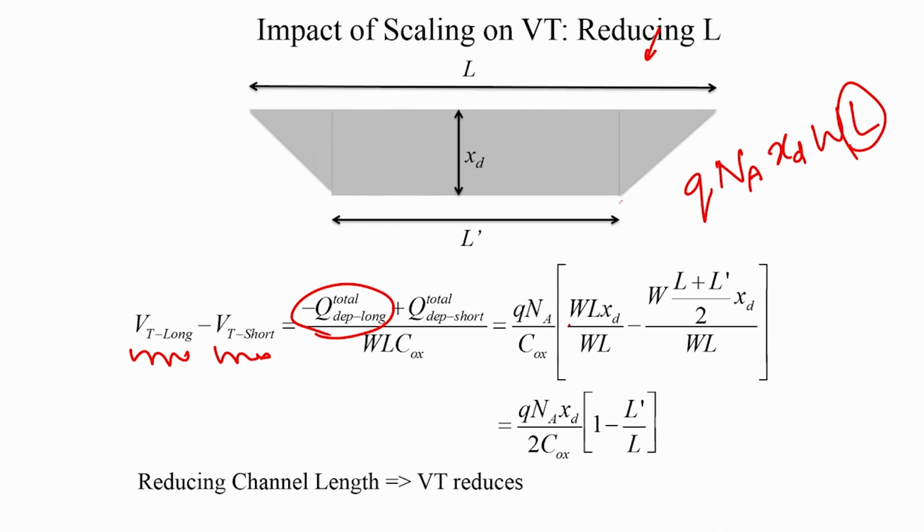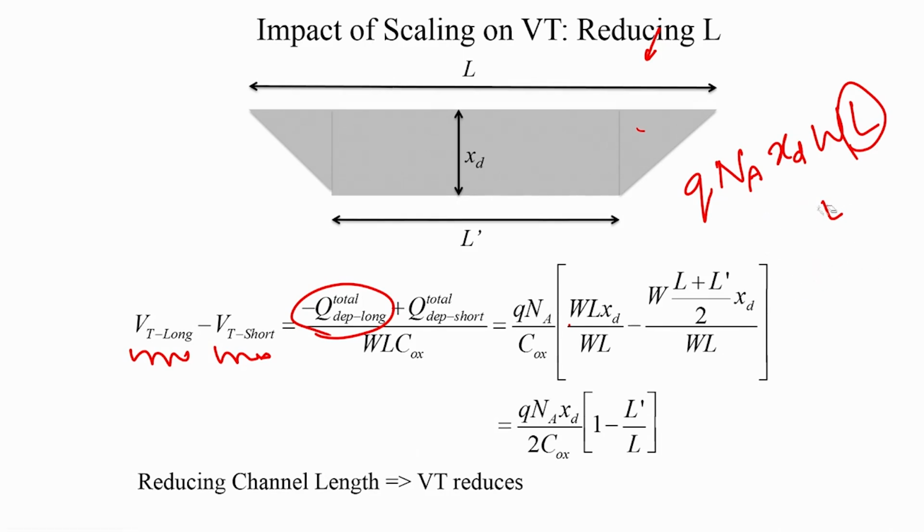In the case of a short channel device, you have this trapezium here, with one side being L dash and the other side being L. Now, L dash is significantly less than L, whereas in a long channel device L dash was almost the same as L. So, that is the key difference.